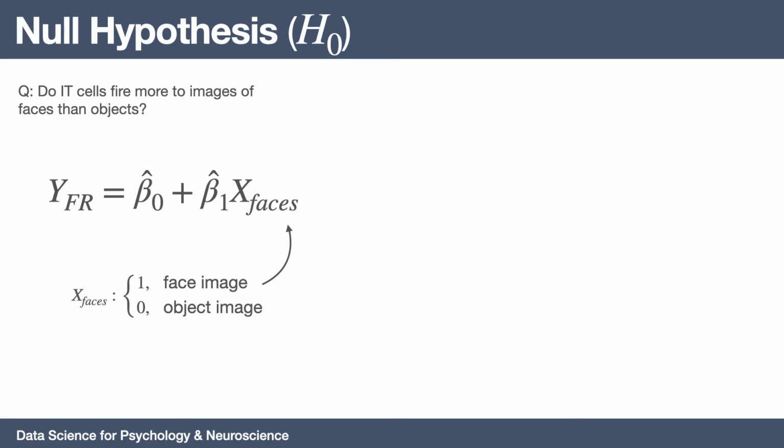And remember, since there's only two images, faces or objects here, that intercept term, beta hat naught, captures the mean effect of objects, and beta hat 1 captures the mean effects of face images.